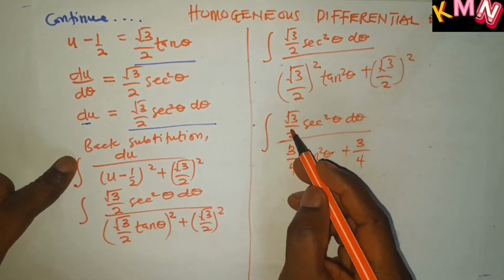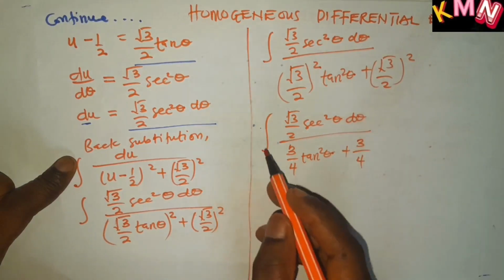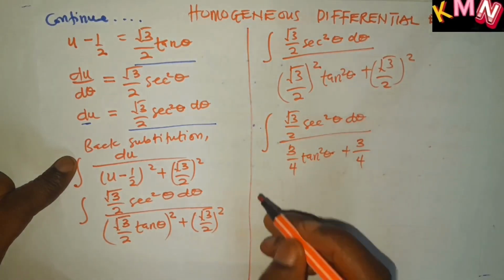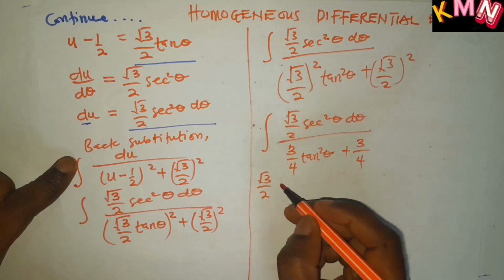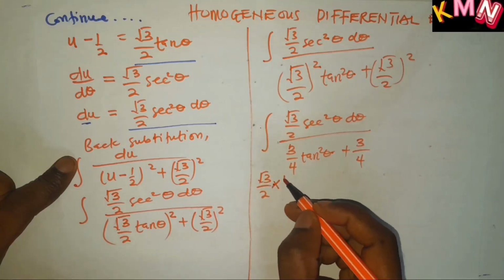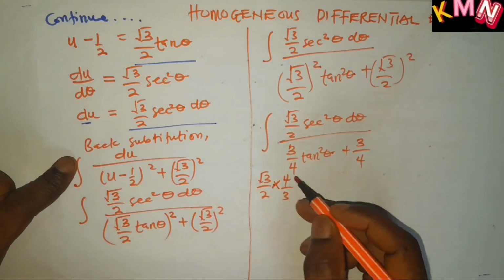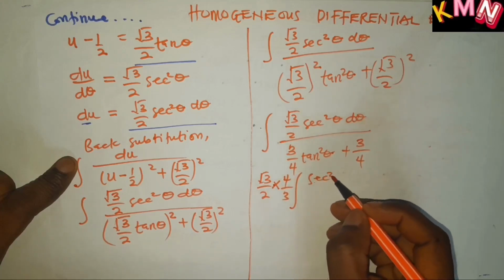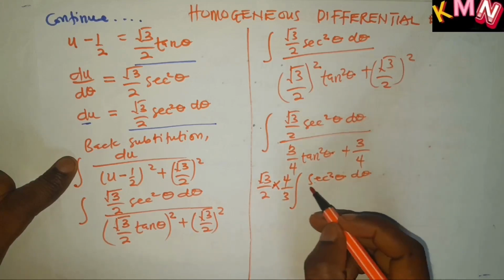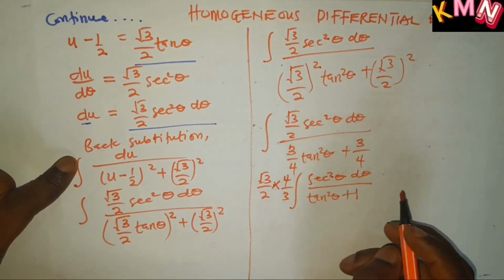Let's bring this constant to the front of the integral sign, and then factorize this out and bring it back to the integral sign, and that will give us root 3 on 2 times 4 on 3, because it's dividing. So if I want to introduce a multiplication sign, I will reciprocate it: integral of sec square theta d theta on tan square theta plus 1.